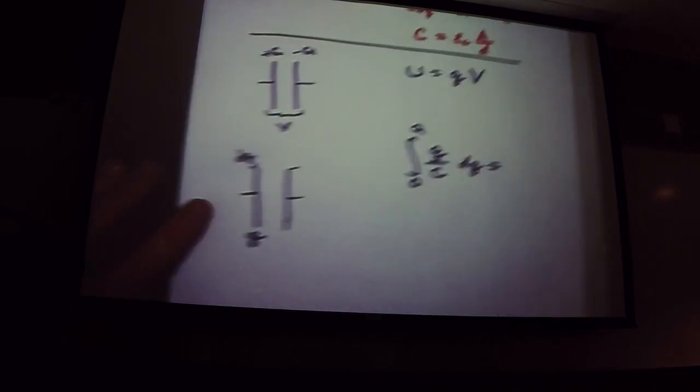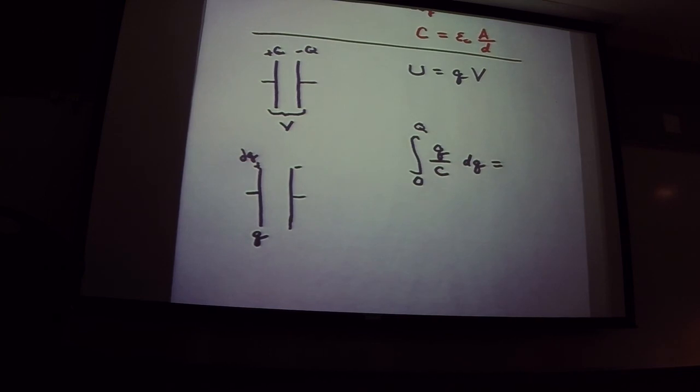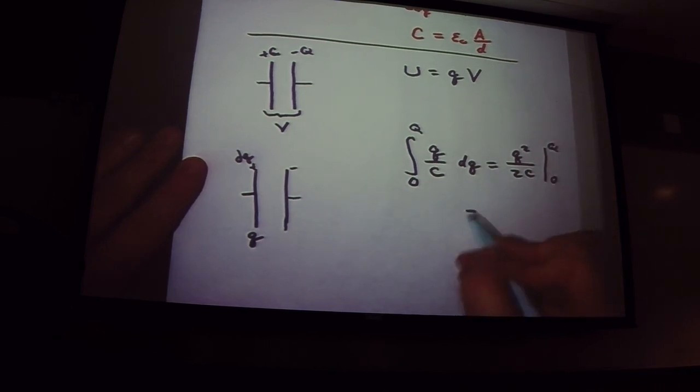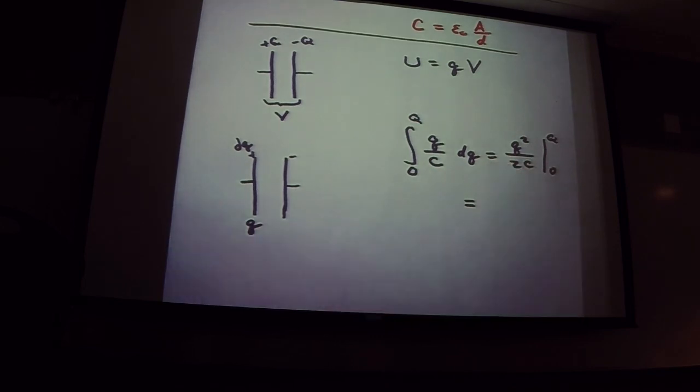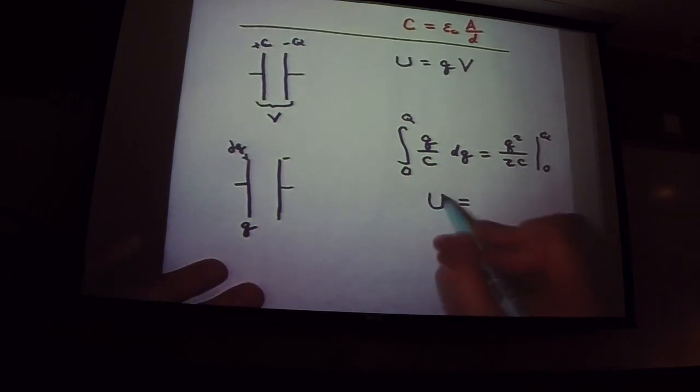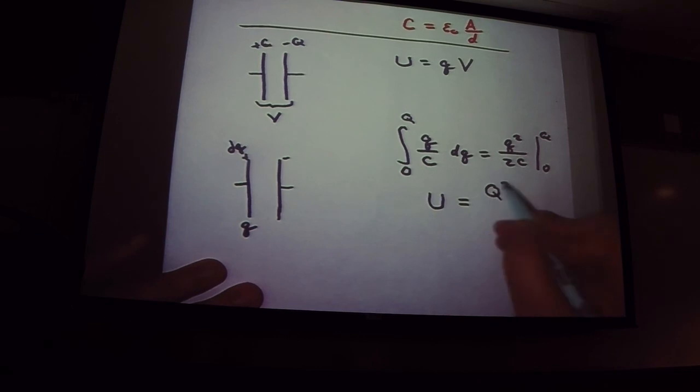What's the integral of q dq? q squared over 2. I put the capital Q in, I get Q squared. I put 0 in, I get 0. So the total energy on a capacitor is Q squared over 2C.